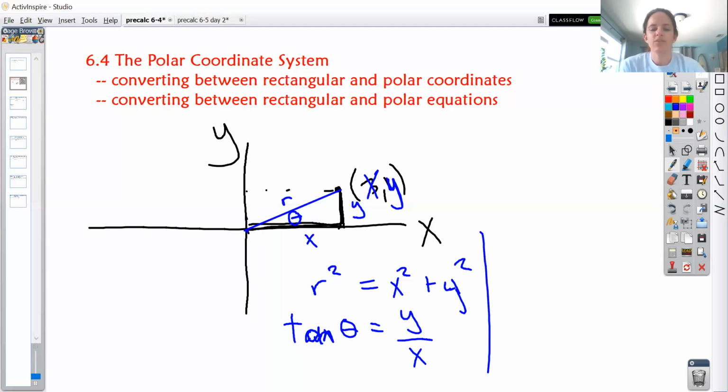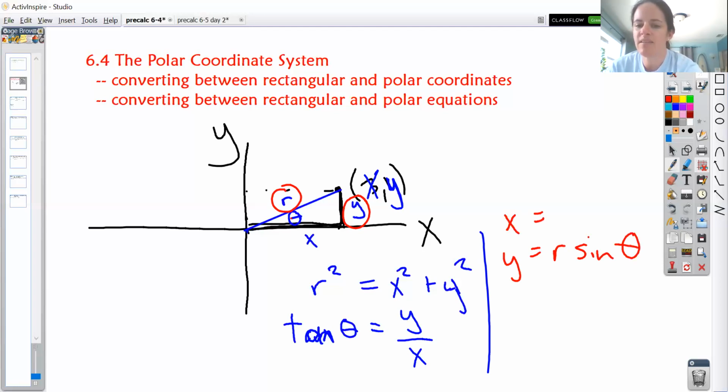Okay, so then if I have the r and the theta and I want to find the x and the y, I can look at the trig ratios and I can say, okay, well, the sine of theta would be y divided by r, and then multiply both sides by r, and you get y equals r sine theta, and x similarly equals r times the cosine of theta.